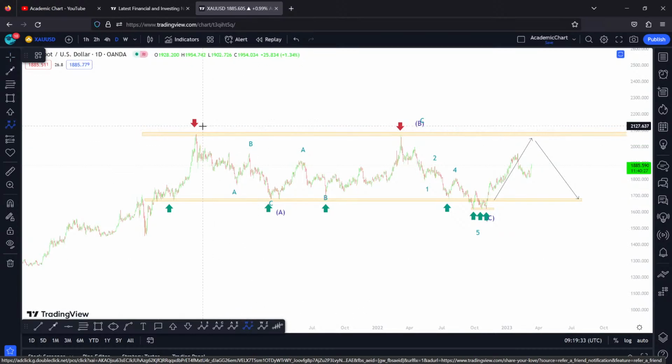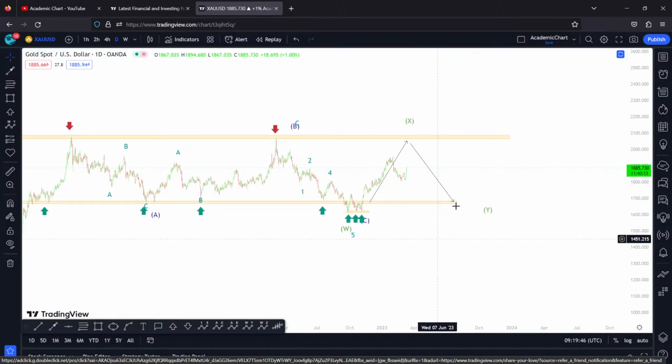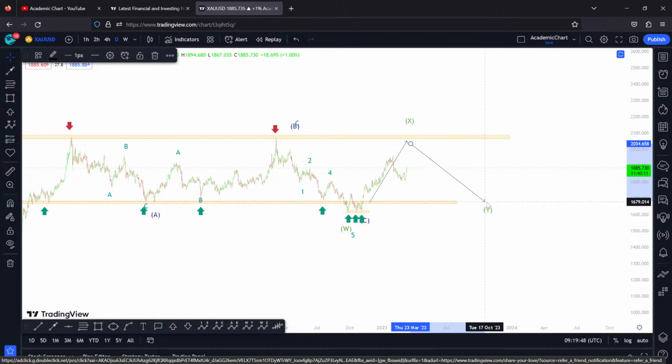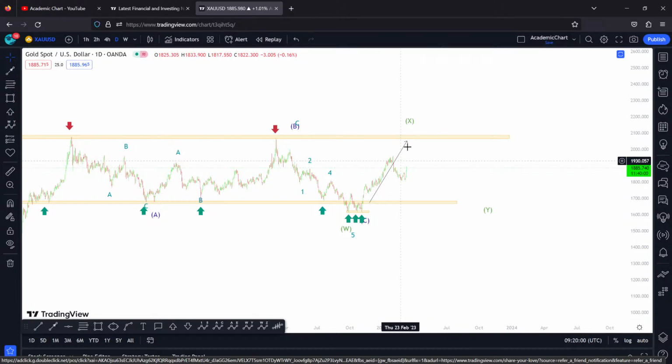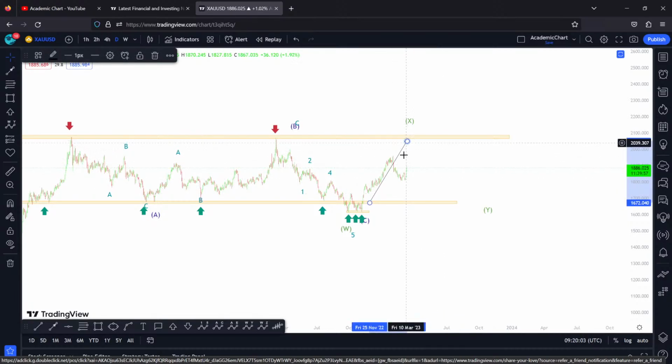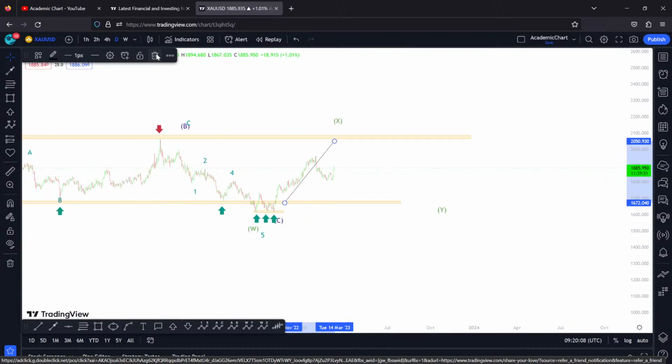We also discussed this previous time. So this whole thing can be a W, and as the link X, another ABC can be created as Y down to here. We know that both scenarios are possible for the long term. We discussed that in our previous stream as well. But anyhow, it is going to be the midterm momentum, as we came to that conclusion previous time in our stream.